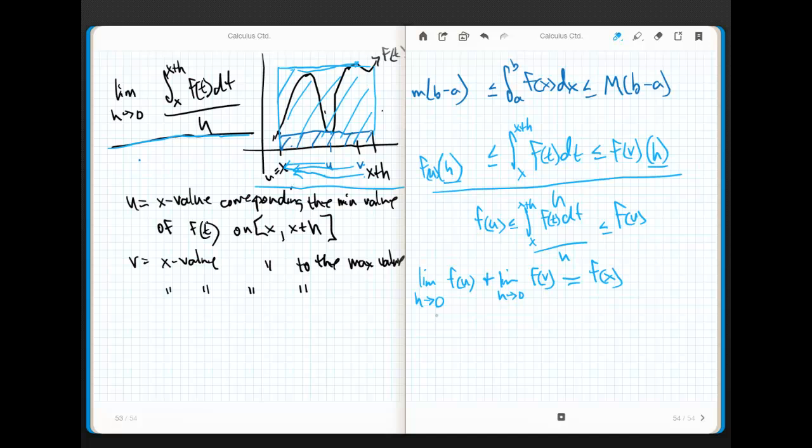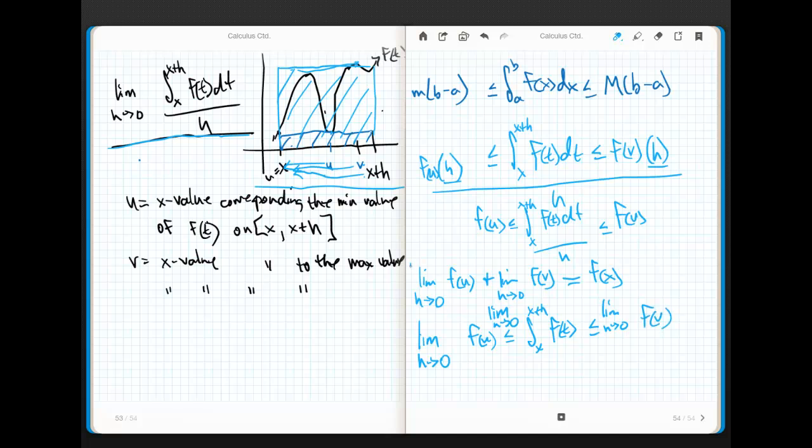Which implies, if I take the limit as h goes to 0 of f of u, which is less than or equal to the limit of the integral from x to x plus h of f of t, the limit as h goes to 0 of this guy, which is less than or equal to the limit as h goes to 0 of f of v.